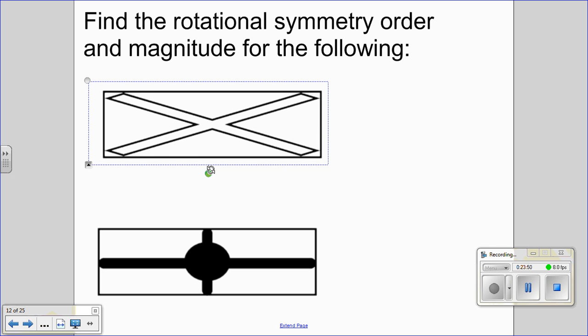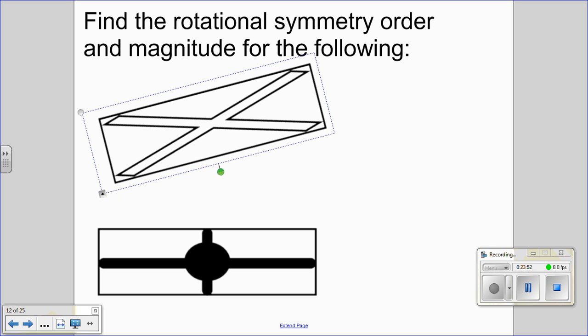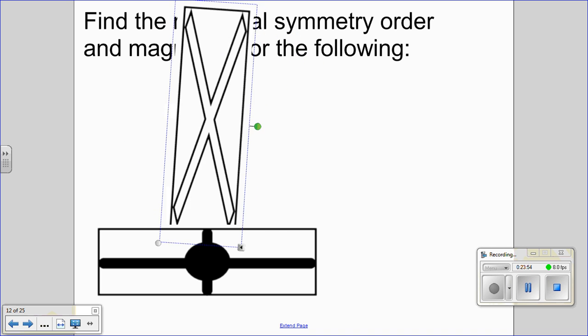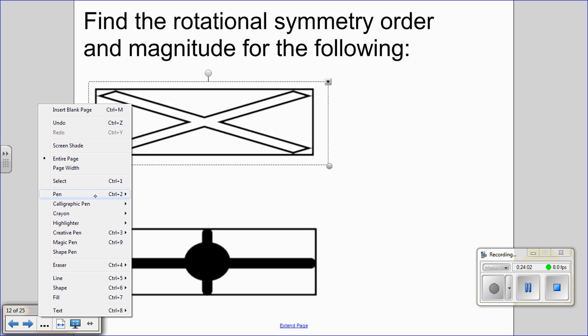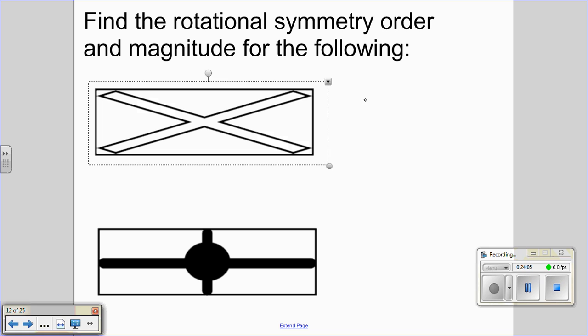So that's 1 rotation. And then if I take it back, complete the circle, this is where I originally started. So that's 2. So that means the order would be 2. It was 2 times that I was able to rotate it for it to look exactly like it began.